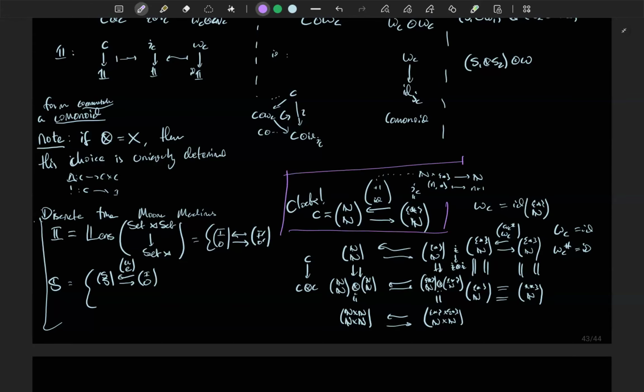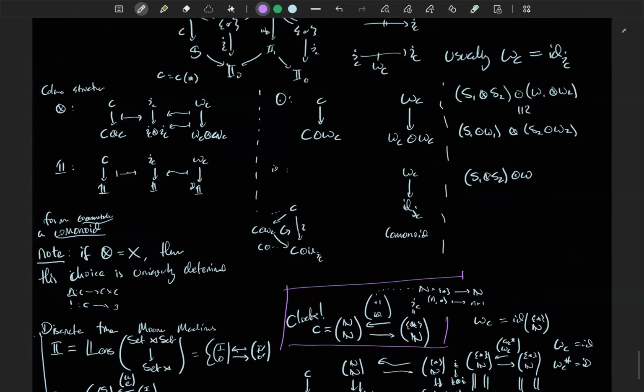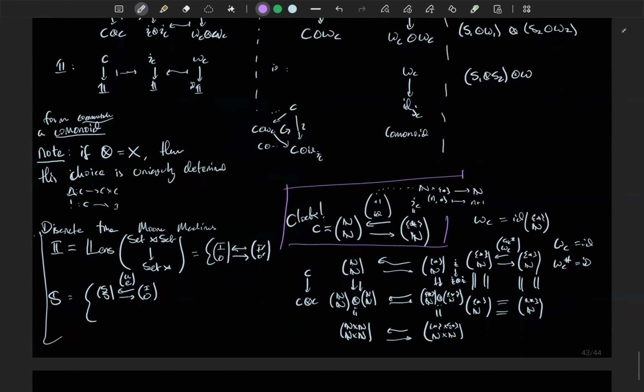WC had to be the identity, which was this weird sort of thing that I didn't really explain. It was just up there because it's part of what a colax morphism is, but we end up computing it has to be the identity. We end up finding that these things have to be the diagonal, and this thing has to be the terminal map, because one in this case is in fact terminal.